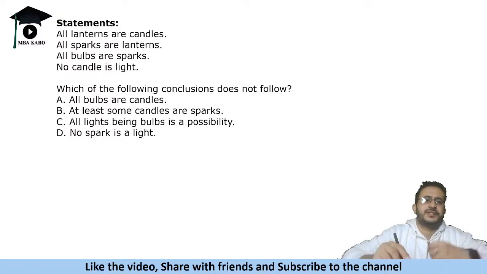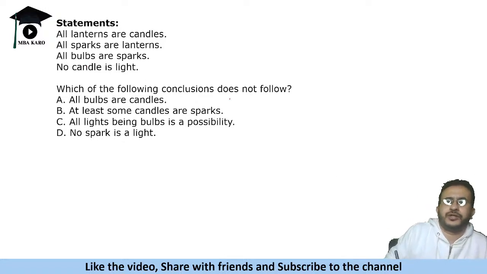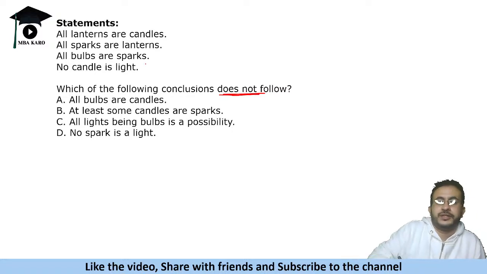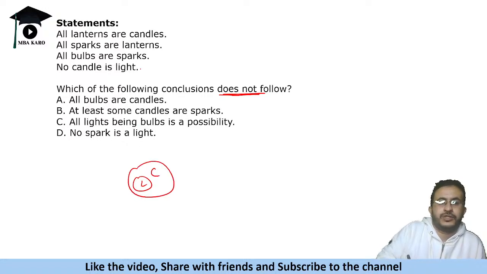Okay, now these are the statements, and what is given is which of the following conclusions does not follow. Okay, so you should read the question carefully. All lanterns are candles. So we have lanterns as candles. All sparks are lanterns. So let us make this sparks, lanterns, candles.